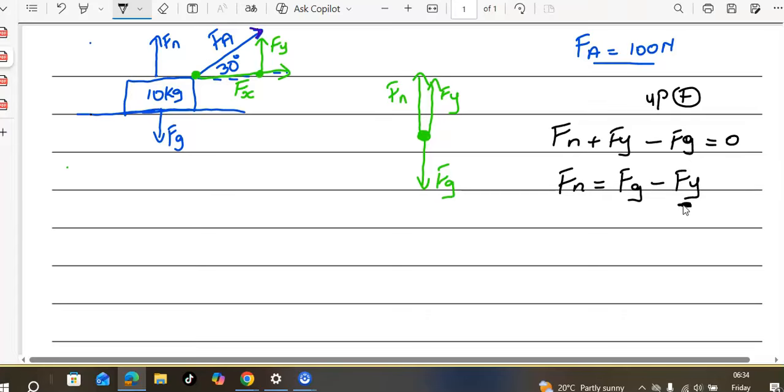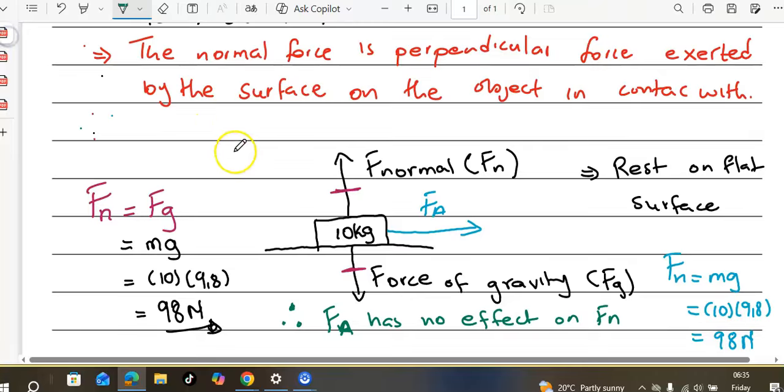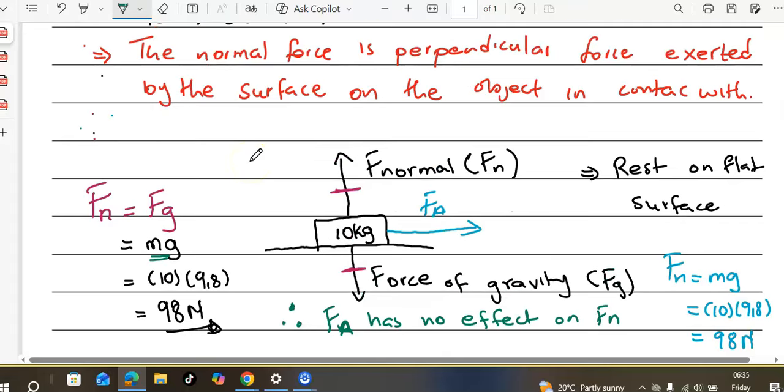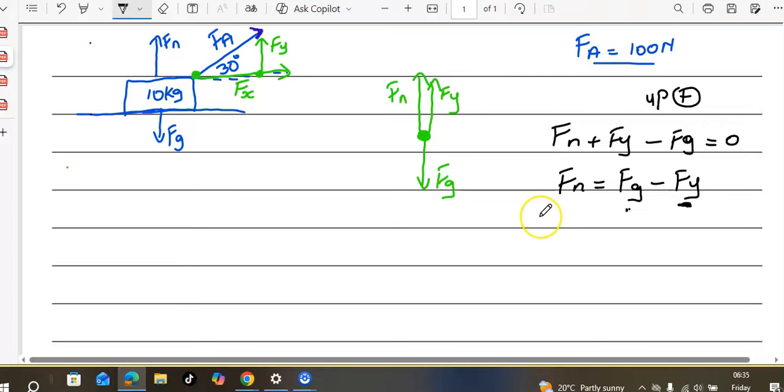So the vertical component we are subtracting from Fg, so it reduces the force that is pulling into the ground. And what happens? It reduces the normal force. If you still remember on the previous, we said the normal force is mg, but now we are subtracting Fy from Fg. The normal force will decrease. Okay, now it makes sense.